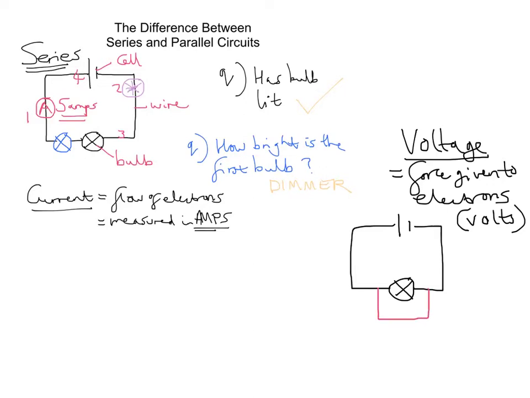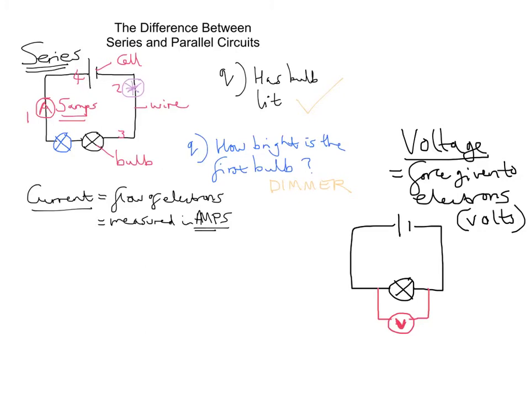The voltmeter goes, in fact, let's just get rid of the middle part there. The voltmeter goes around an electrical component, so we put it around the bulb. So we're going to attach the voltmeter, and let's think what the reading on the voltmeter could be. Again, I'm just making up a number.